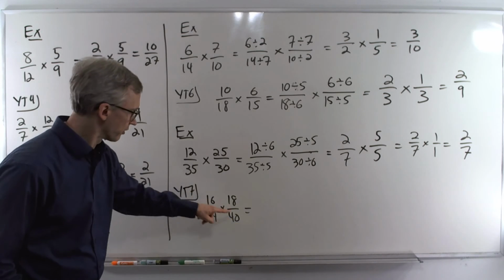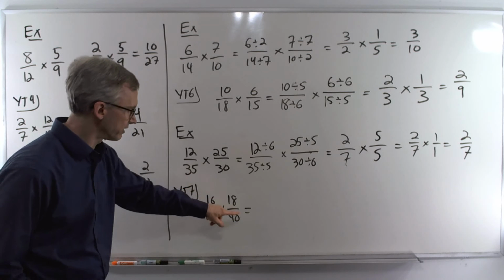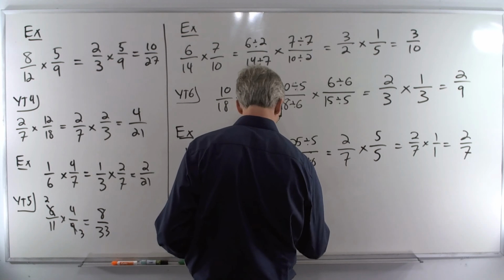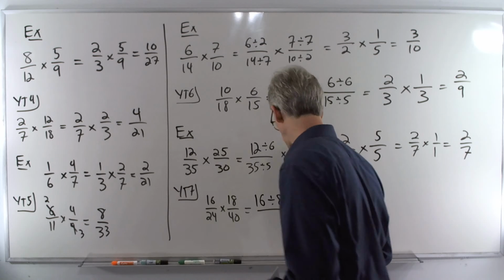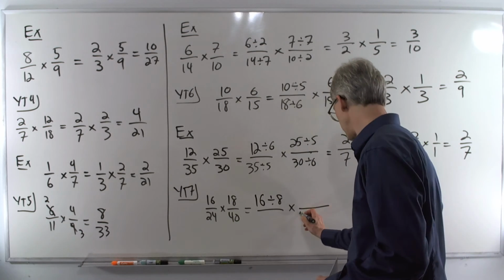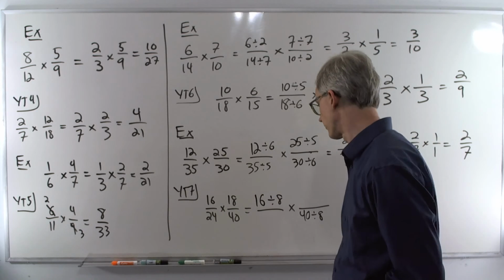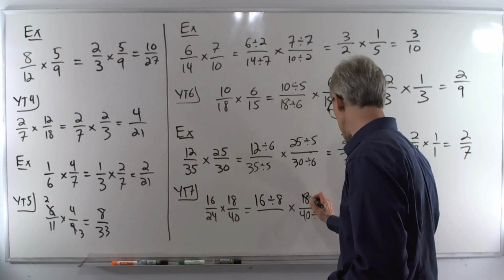So with these, 40 and 16, 8 divides evenly into both of those. So we do 16 divided by 8, and 40 divided by 8. And then for 18 and 24, those are both divisible by 6.